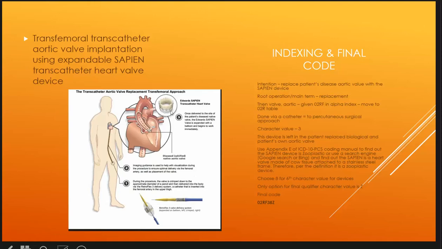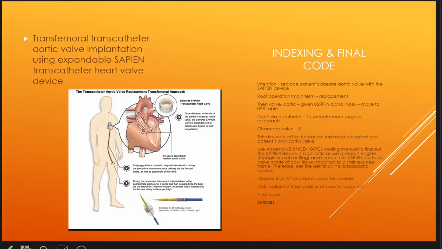It's being used as they have to take out the patient's native or natural aortic valve, and then they're putting in this device to replace it. So the patient has a diseased aortic valve, and they're putting in a mechanical device that also has a biological component.